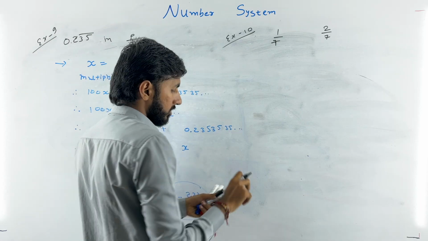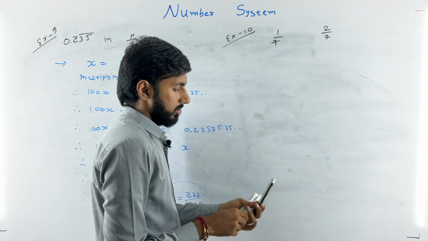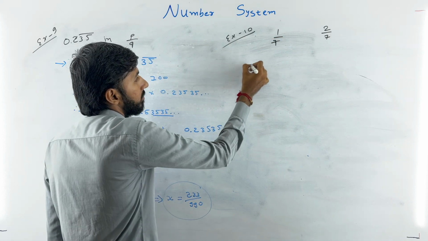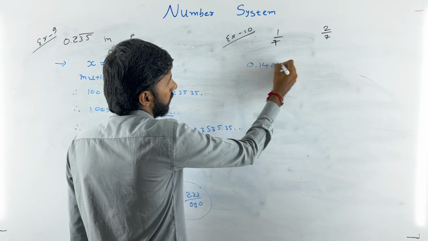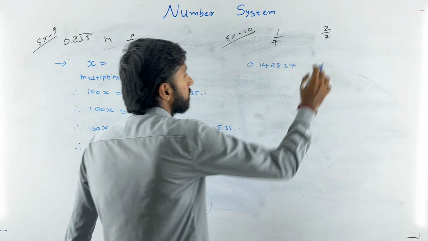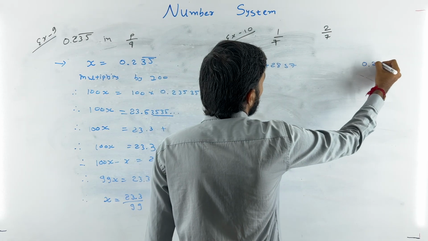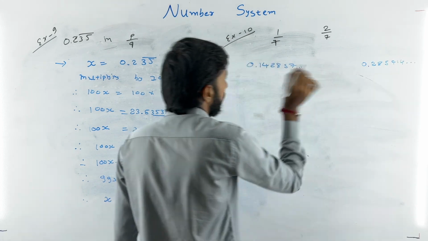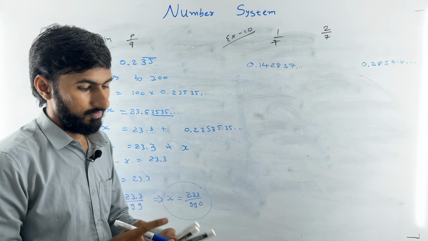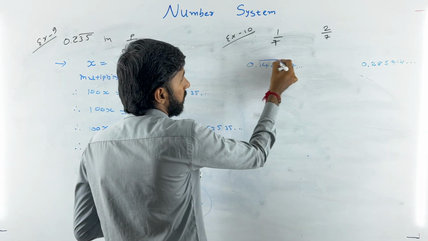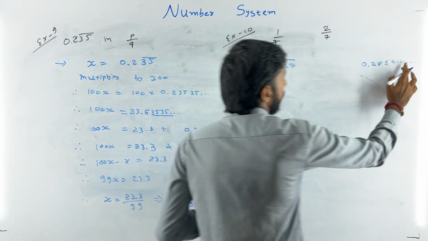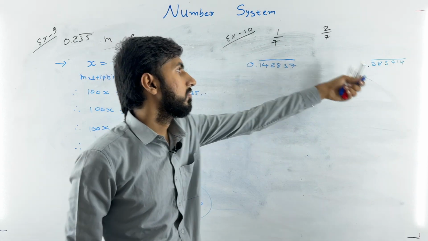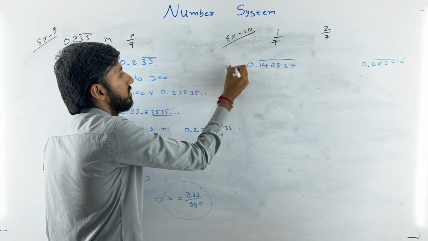So the decimal expansion of 1 by 7 is 0.142857, and the decimal expansion of 2 by 7 is 0.285714, and it will repeat this number for infinite time. So I can simply put a bar here or here, right? This is the decimal expansion of 1 by 7, this is the decimal expansion of 2 by 7.